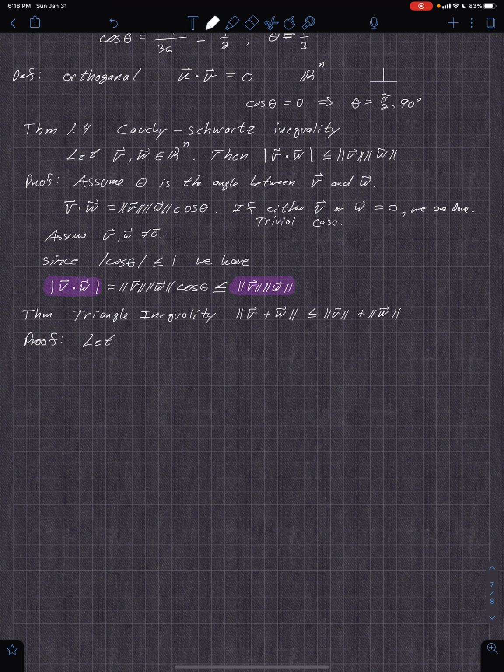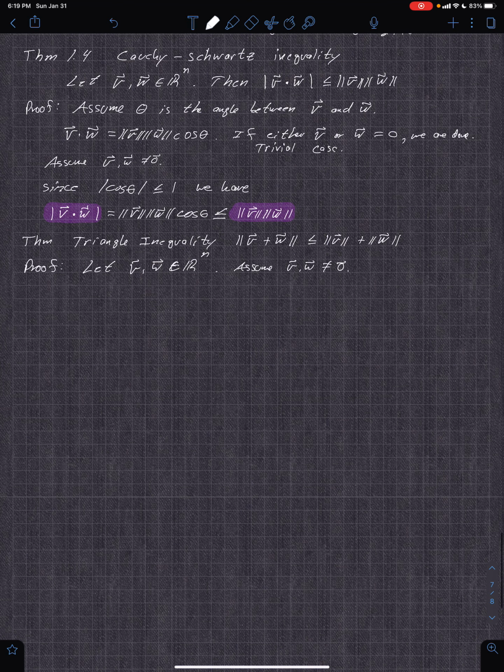Let V and W be in Rn. And let's assume they're both non-zero this time, right off the bat. Otherwise you just get they're both equal to itself or zero.